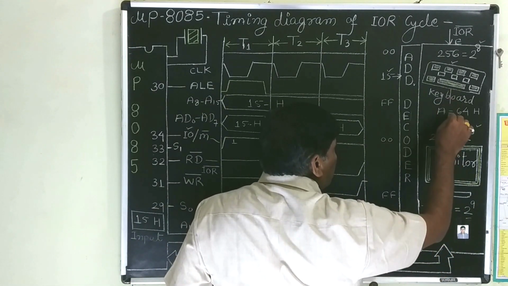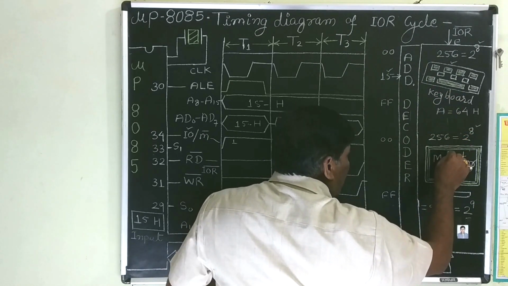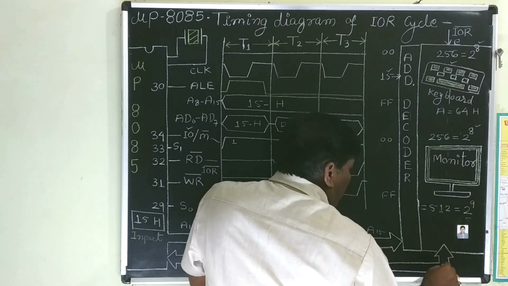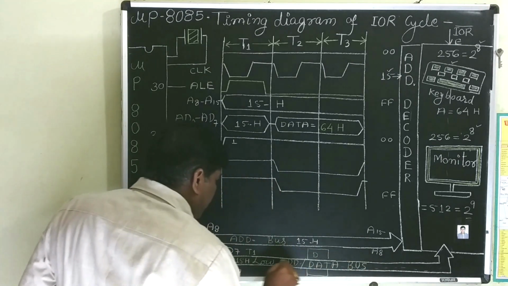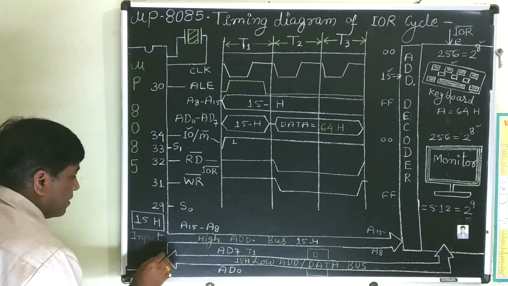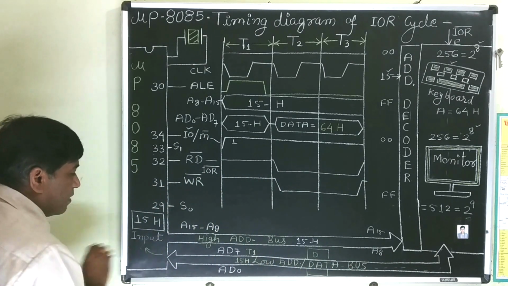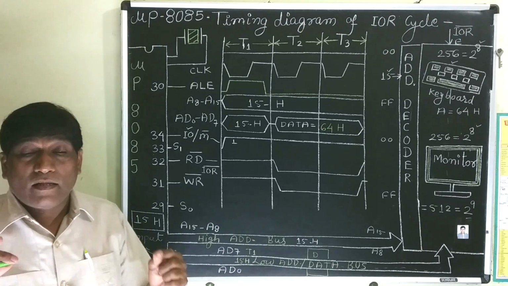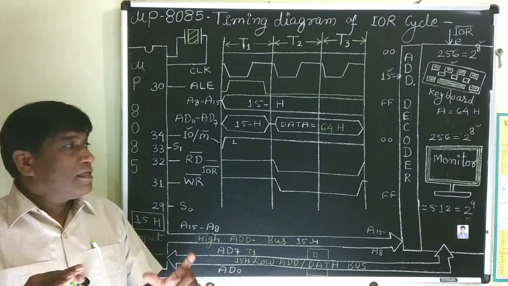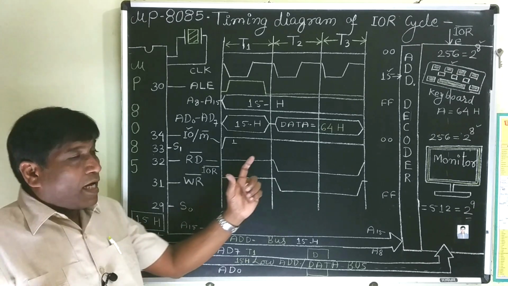That means this 64 will be transferred through the data bus to inside the microprocessor for further processing. And this is the complete IO read cycle.